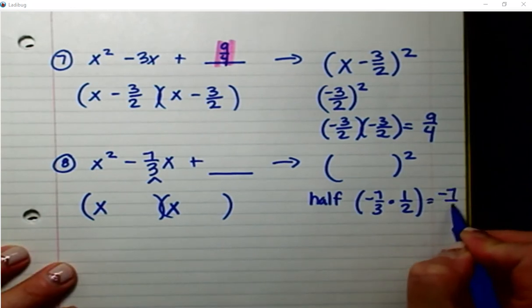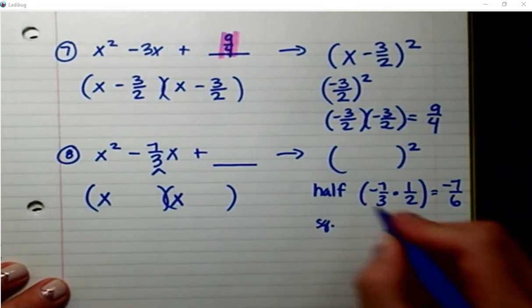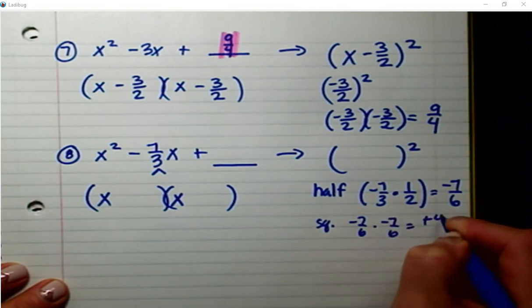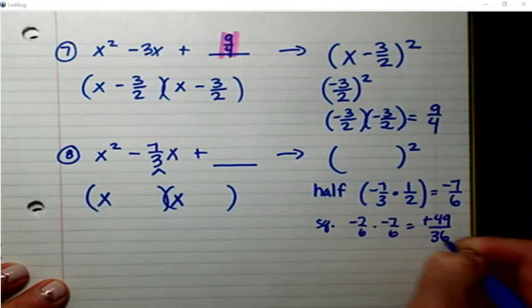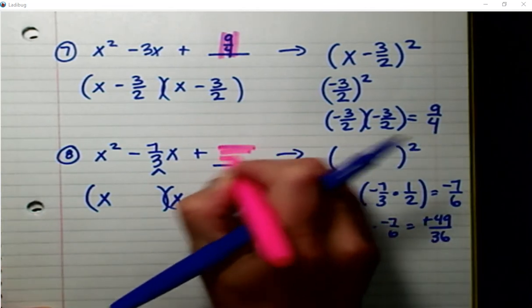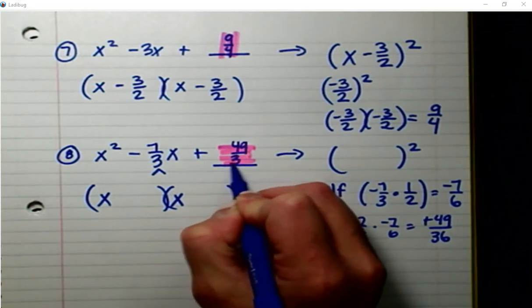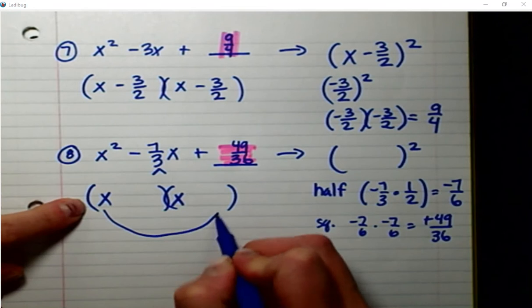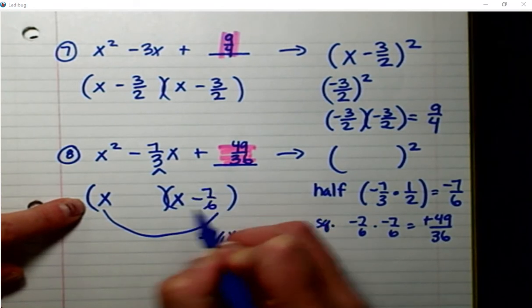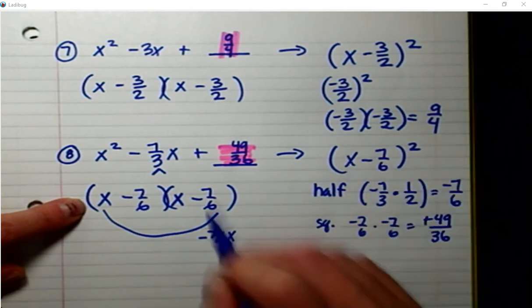So that's negative 7/6. And then I'm going to square it. That's the number you're missing: 49/36. But be careful, because that half number is the number that I'm using to make my factor.